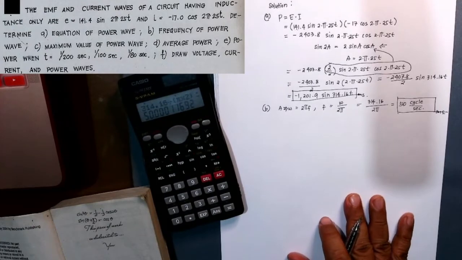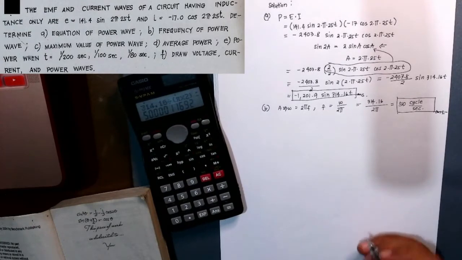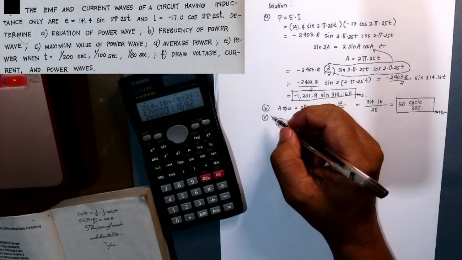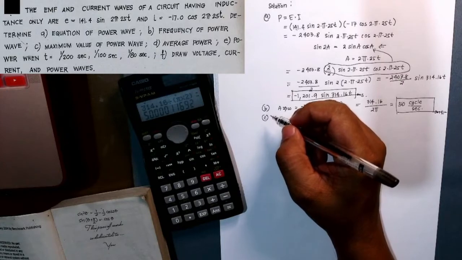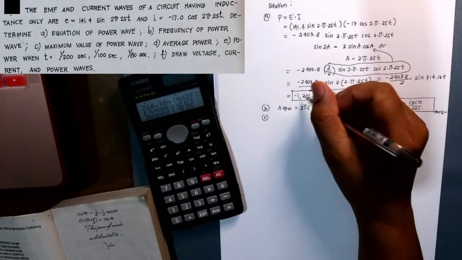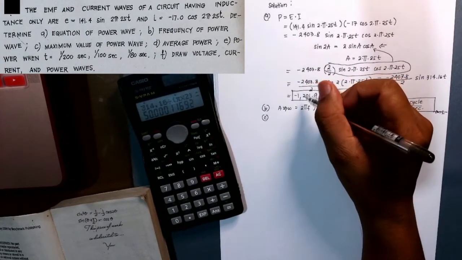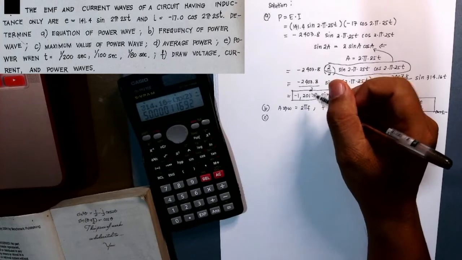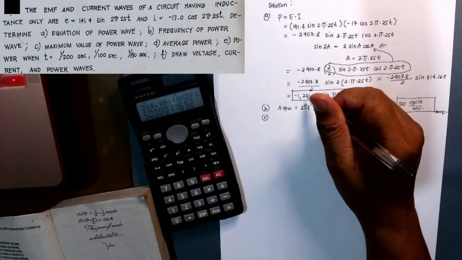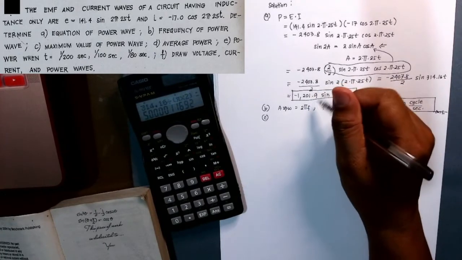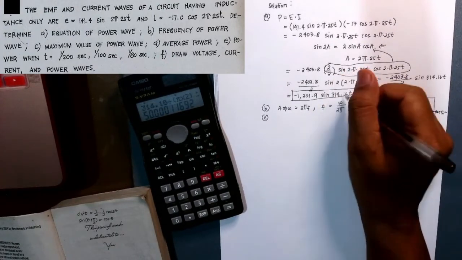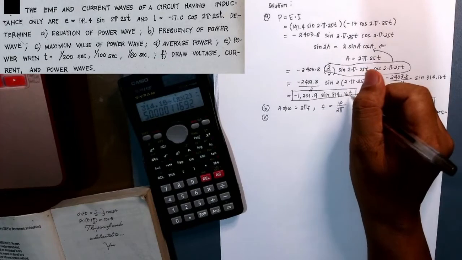Now let's have letter C. We are solving for the maximum value of the power wave. In our equation for the power wave, we have negative 1201.9 as the maximum value of the power, multiplied by the trigonometric function sine 314.16t.